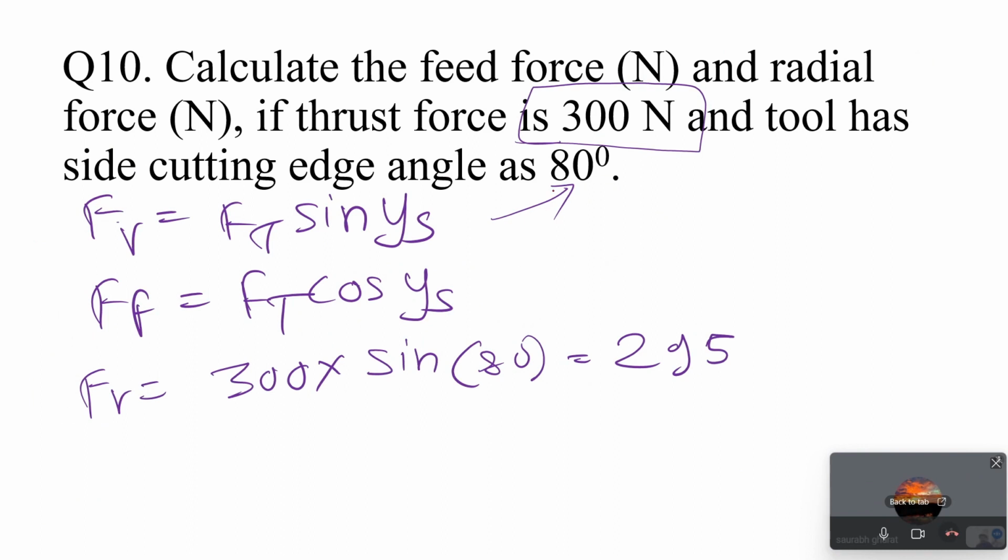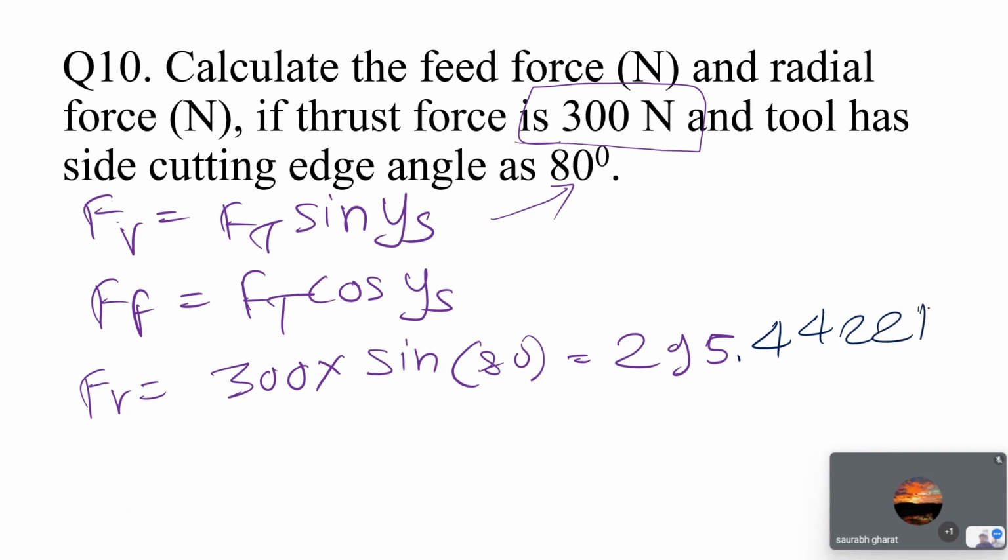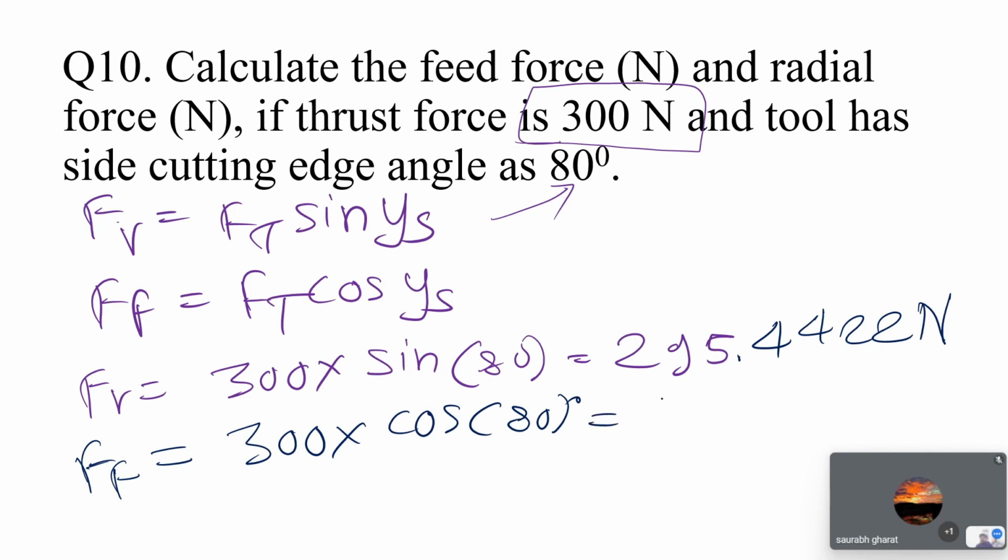So what will be 295.4422 Newton. And your FF will be 300 into cos of 80, so it will be 52.094 Newton.